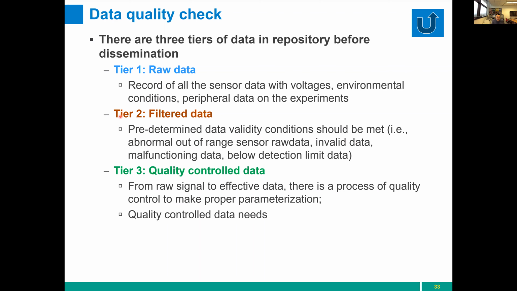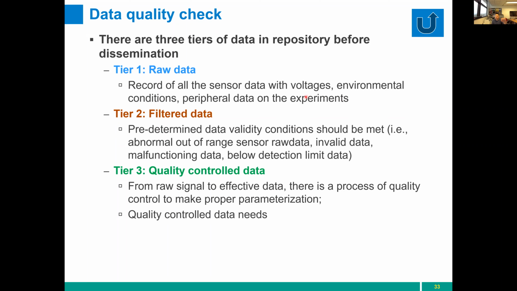From tier 1 to tier 2, it's relatively automatic. But it's only after tier 2 that you can really apply your algorithms and formulas to the data. So tier 3 is more about quality controlling the data. In this process, we also introduce our algorithms, going from the raw signal to your effective data.